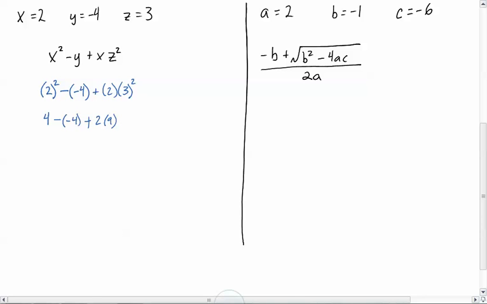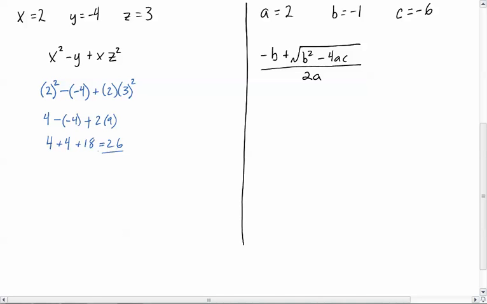And then at this point, we'll go ahead and do the multiplication. This negative times the negative is also really a multiplication, so that becomes 4. Negative times the negative is positive, and then plus 18, and then we add all those together. 4 plus 4 is 8, plus 18 is 26.